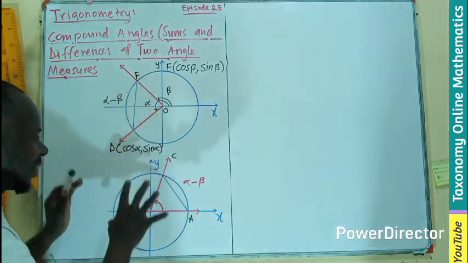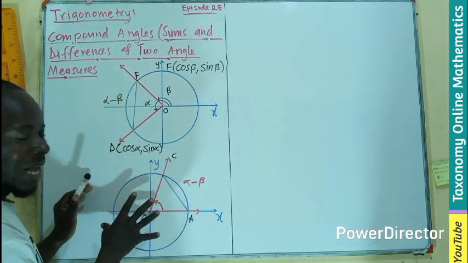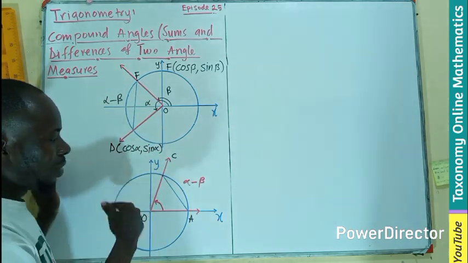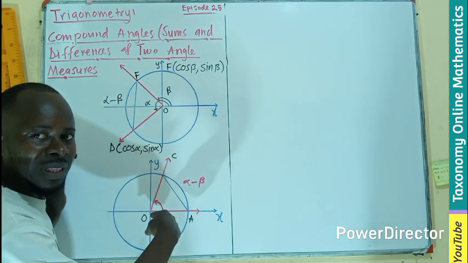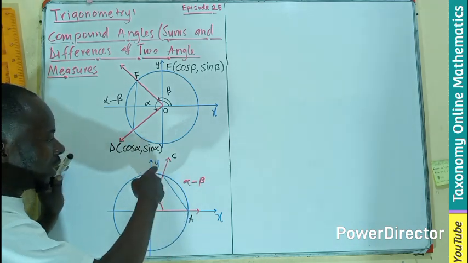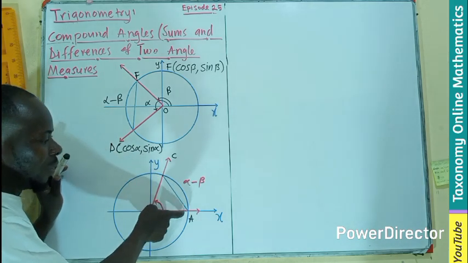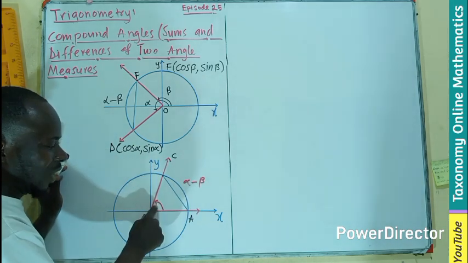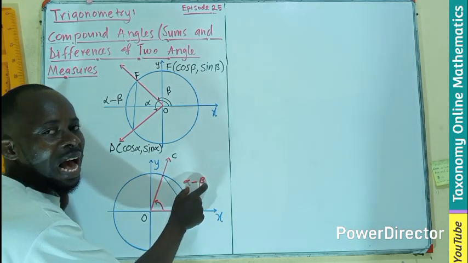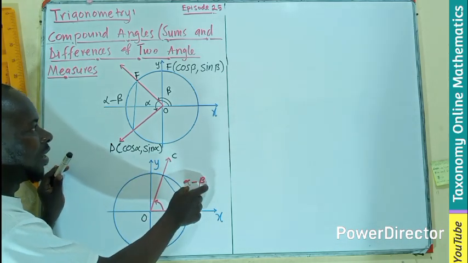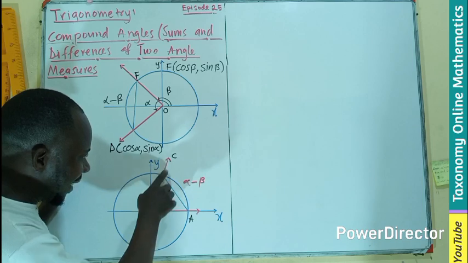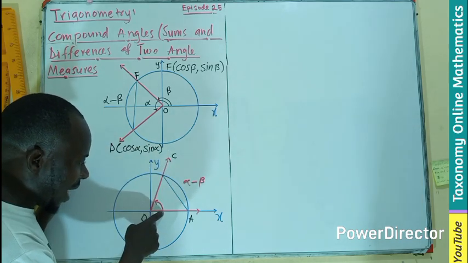Now, if you look at this, this is also similar to this, as we are moving directly from the x-axis, which is on the terminal axis as x, all the way to C. When we move, we are saying this angle we have here is alpha minus beta, the movement. If this is the alpha minus beta, then the terminal line, we know we are moving from here.